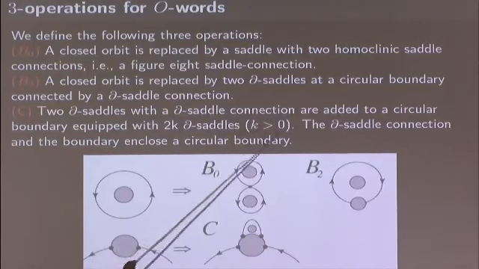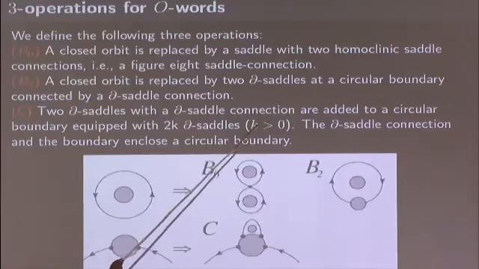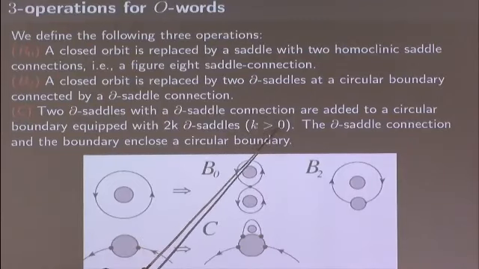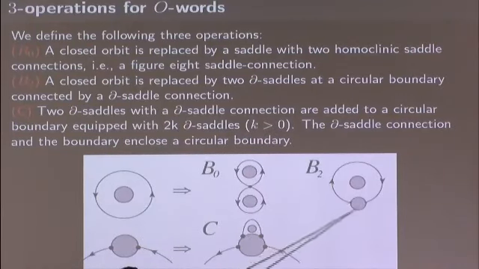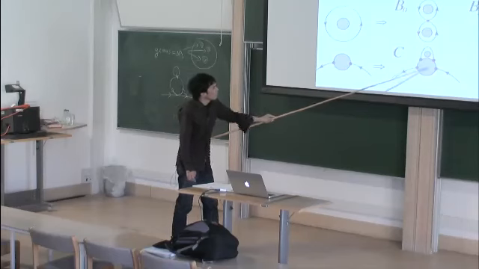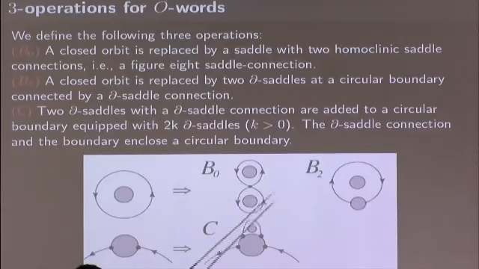In this case we assume K is greater than or equal to 0. So this is K equals 0. This case is K equals 2. K equals 1.